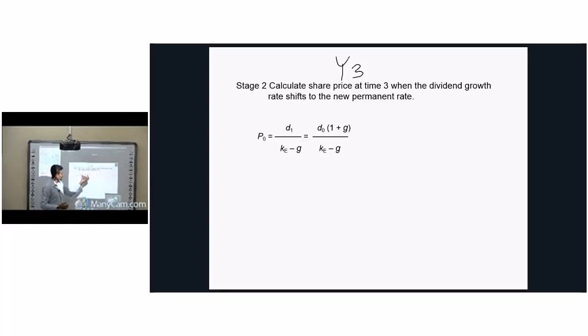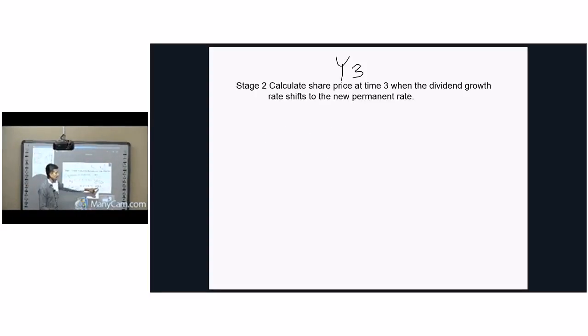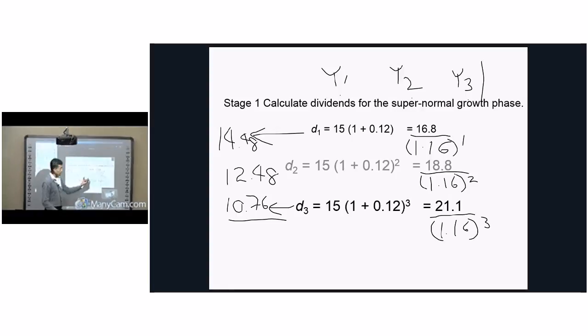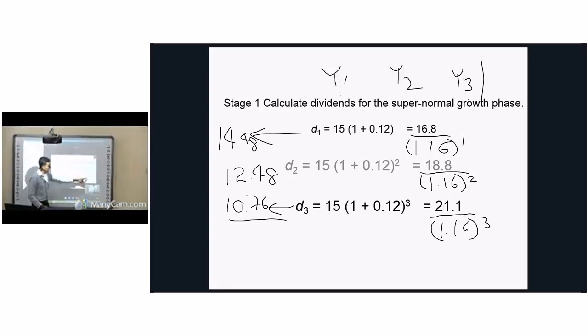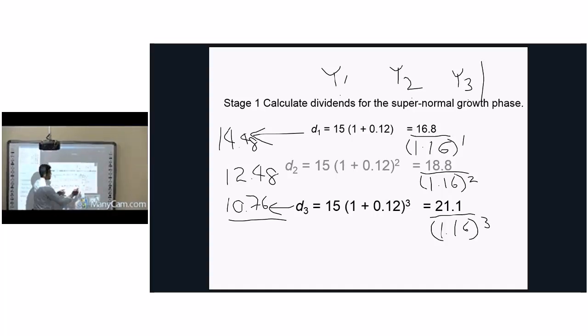So by year 3, what would be the dividend per share? It's 21.1 or something, right? We already calculated this: 15 pence, growing at 12%, by the end of year 3 we are paying 21.1. So what we are trying to do is calculate from here onward. So this is D0, guys. We are calculating from here. It's a separate calculation. So for that, D0 is the year 3 figure, which is 21.1.